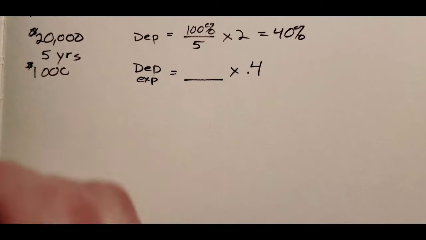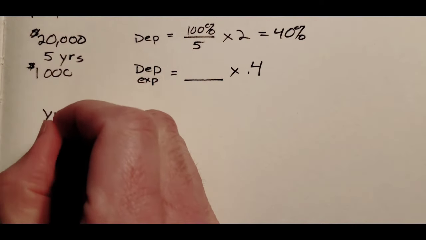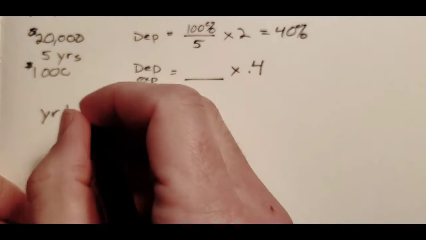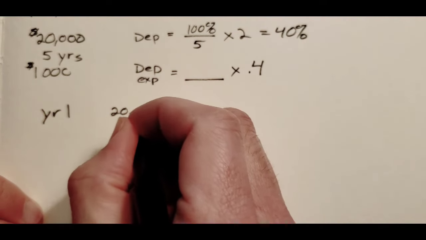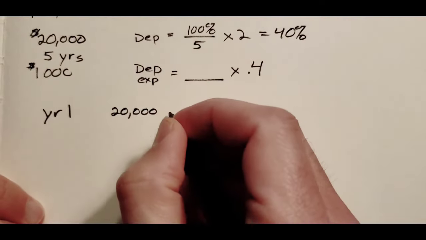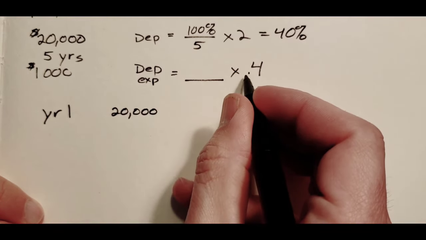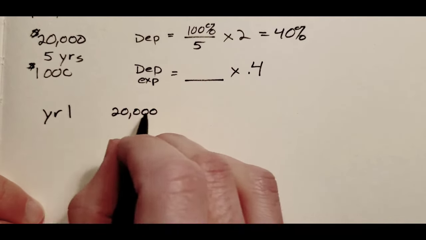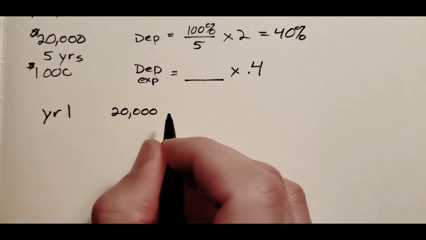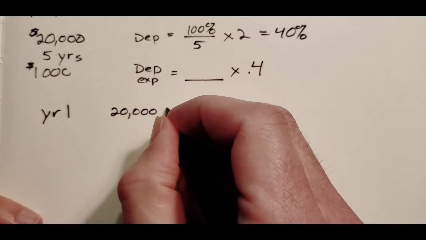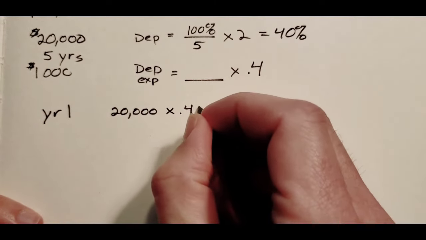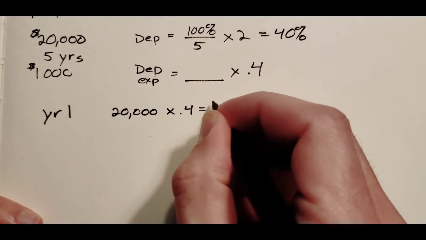For year 1, the cost is $20,000, and we're going to multiply that times 0.4. Again, this is your book value for the first year because it's what the value is. So times that by 0.4, and we get $8,000.